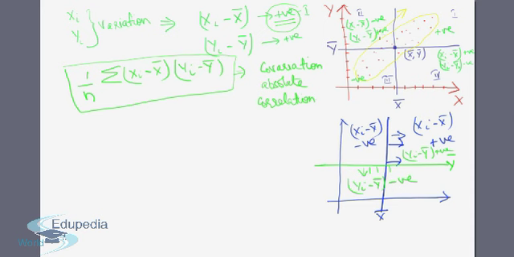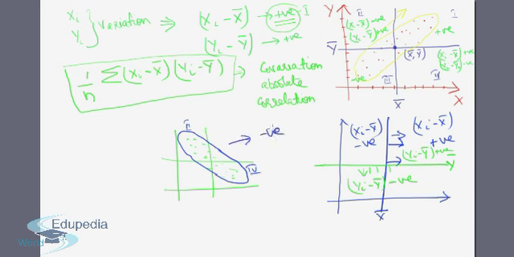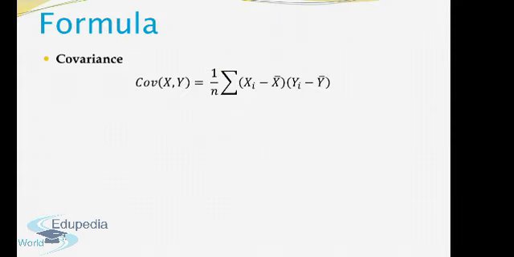In case it is more concentrated in these two, like if you have the data going this way, then definitely when we divide it into sections like this, you see that more data is concentrated in the second and the fourth quadrant. So in this case we will have negative correlation. So wherever the concentration is, we will have the values accordingly. So this is what we have got here, the formula to find the covariation.